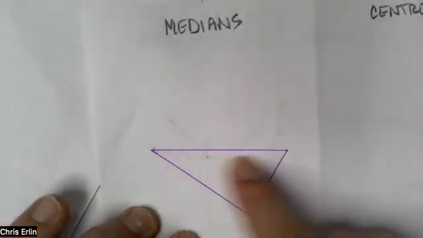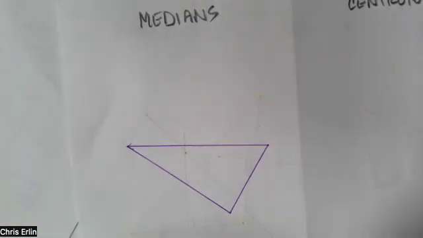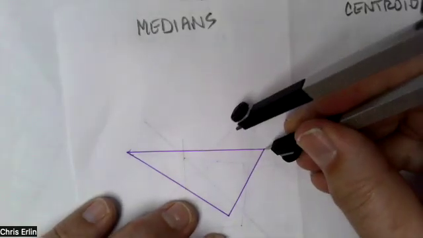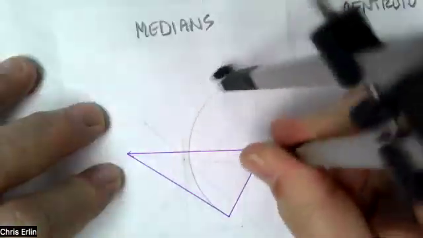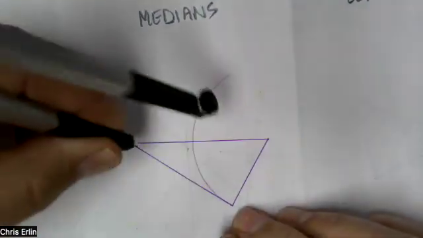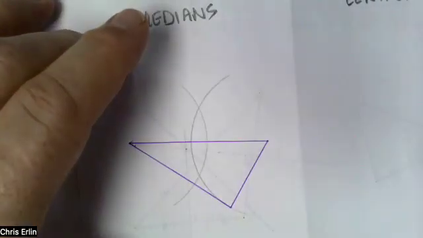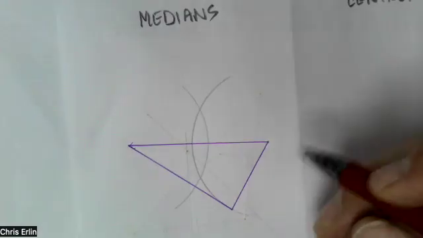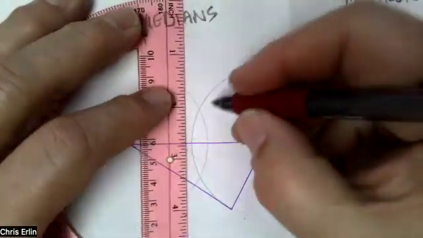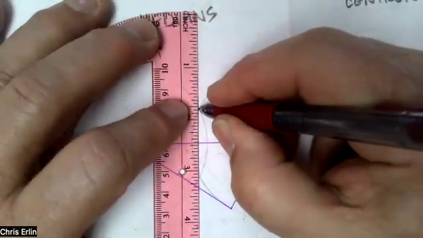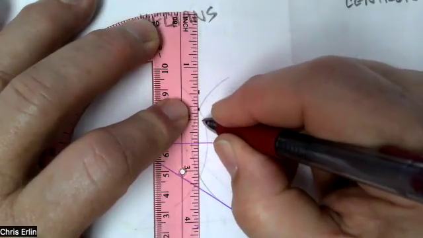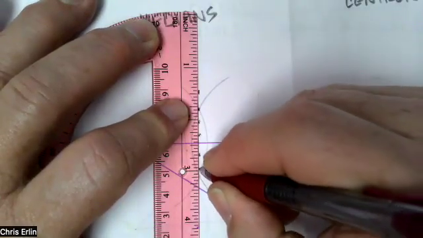So I'm going to use my longest side here. Needle on the corner, more than halfway. Make an arc. Same from the opposite corner. I get my football. And again, while this actually produces a big line, I'm not interested in the whole line.